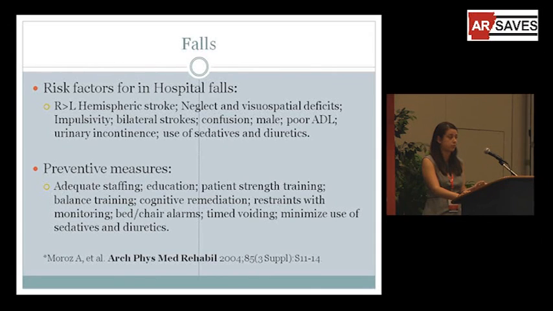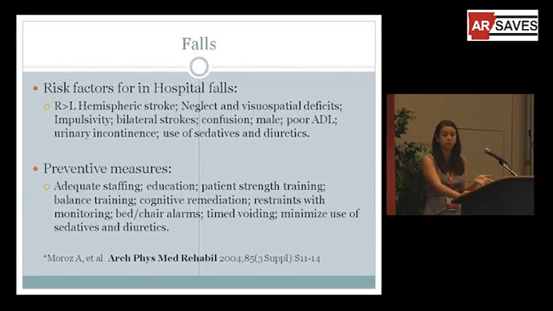People with bilateral strokes, people with severe cognitive impairments and confusion, folks with male gender, oftentimes these patients are more impulsive than the female patients after stroke. And then anybody who has trouble with bowel or bladder incontinence and poor communication. And then those patients who are requiring the use of sedatives or diuretics are also at increased risk of fall after stroke.